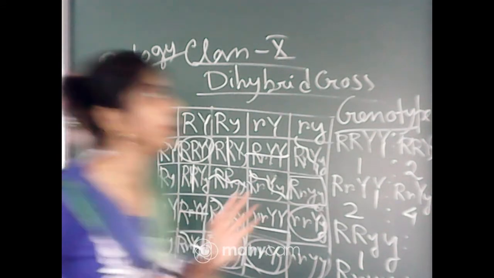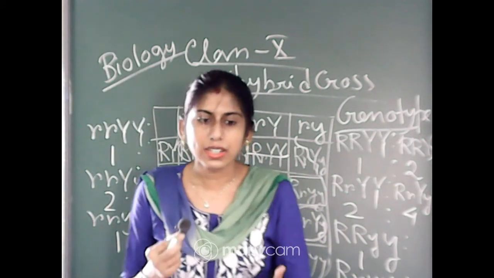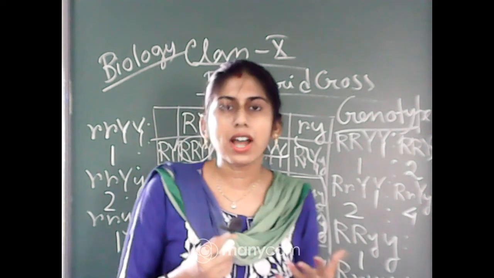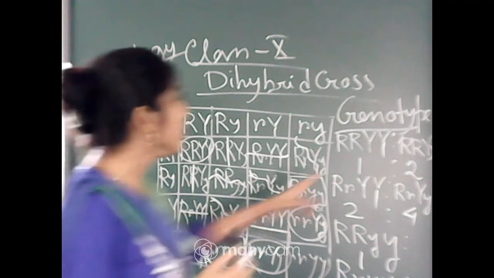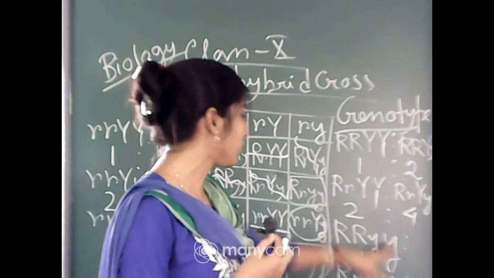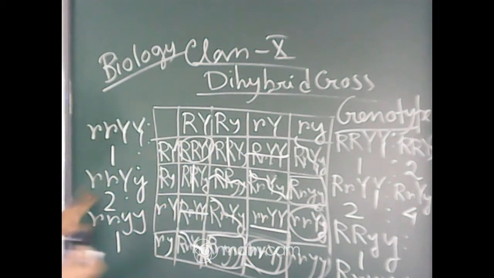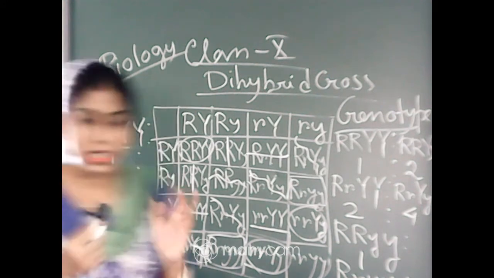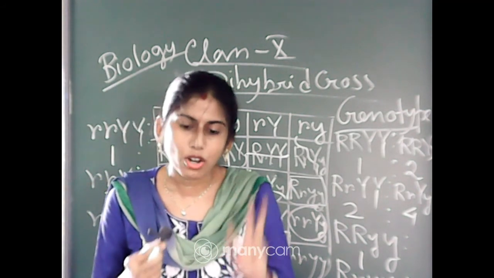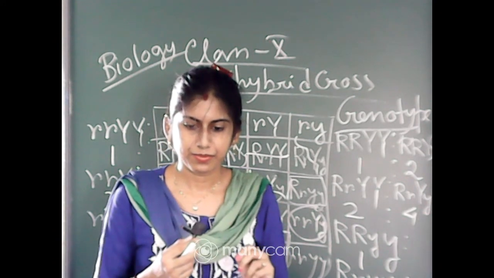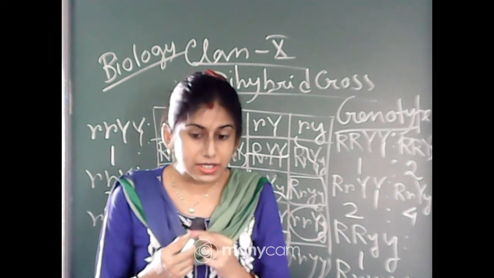Okay, now tell me, if I ask you what the genotypic ratio is, and you answer only like this, 1:2:2:2:4:2:1:2:1, will it be okay? Will your answer be correct or not? Tell me. Why, Ishanur?